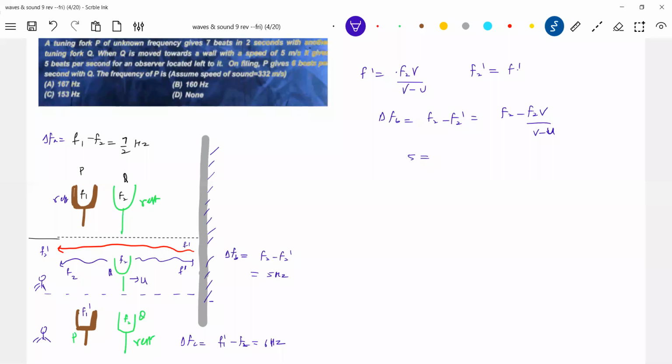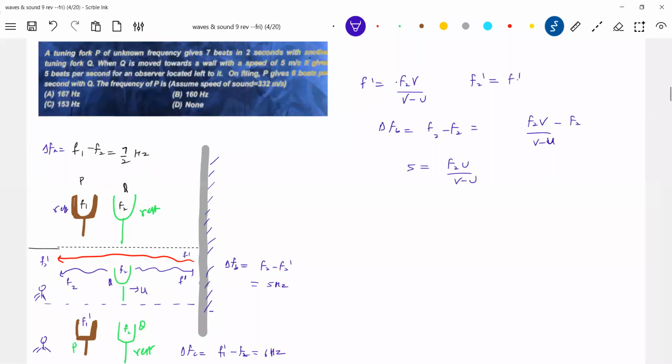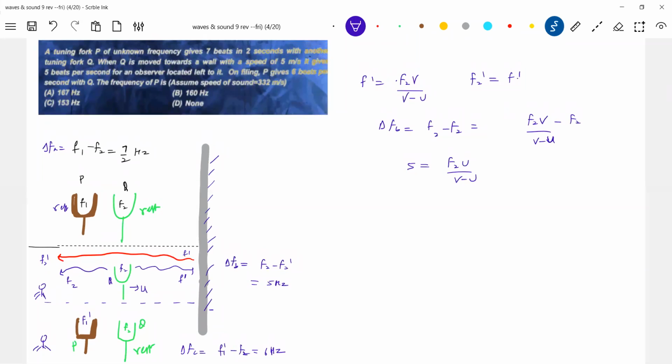How much is it given? 5, which equals F2 U by V minus U. I think we know F2: 327.